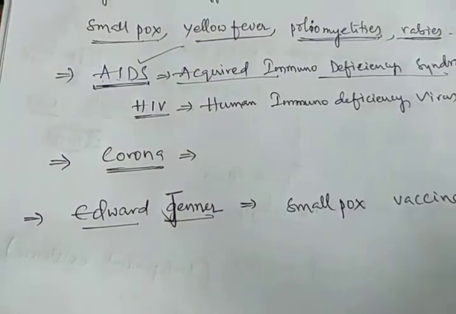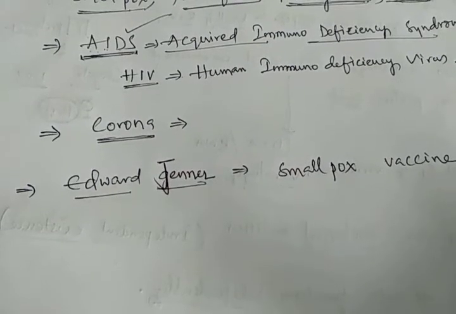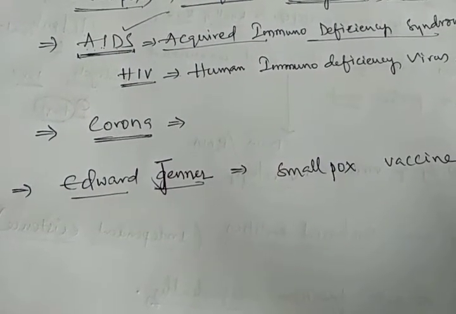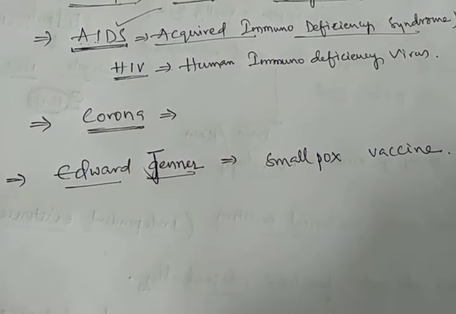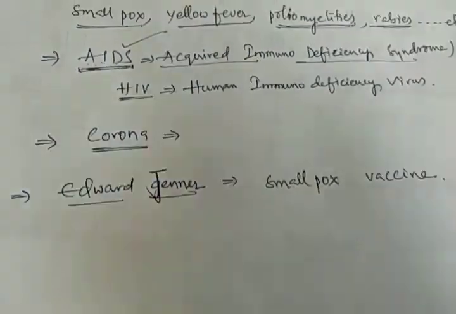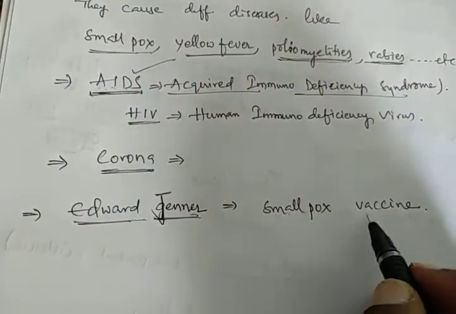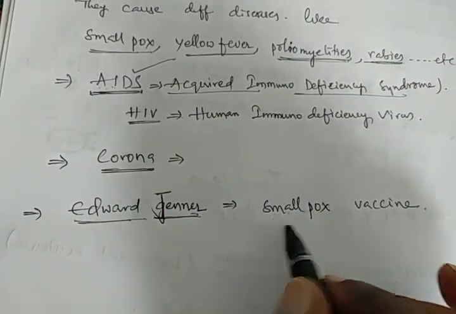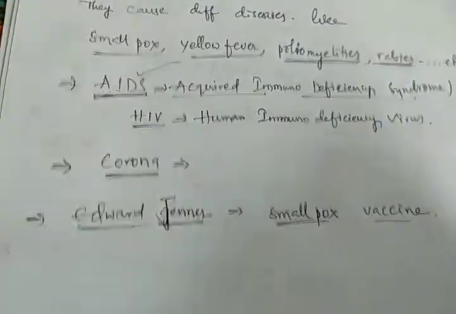While trying to understand the nature of smallpox disease, he developed the vaccine without understanding the true nature of the infectious agent involved in this disease. So just remember that Edward Jenner is the scientist who made the vaccine for smallpox.